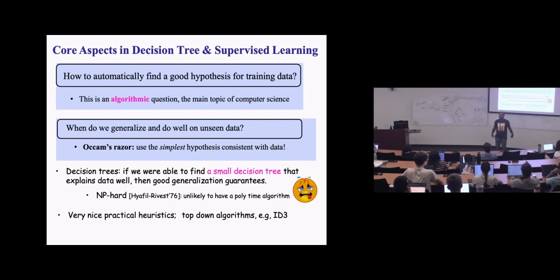How many of you have heard of the term greedy? How many of you have no idea what a greedy algorithm is? Everybody knows what greedy is, right? So the idea is you become greedy. Whatever you are getting right now, take it. You don't know whether it's going to be optimal at the end.